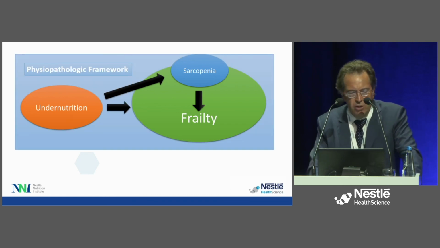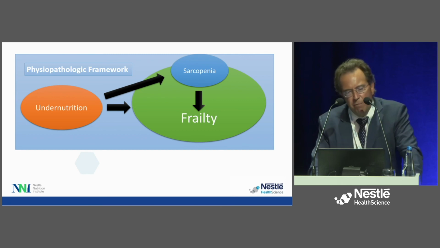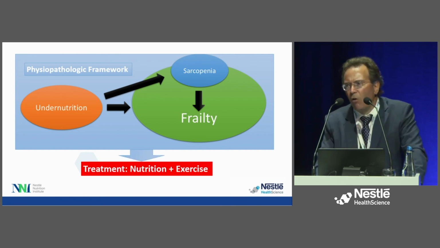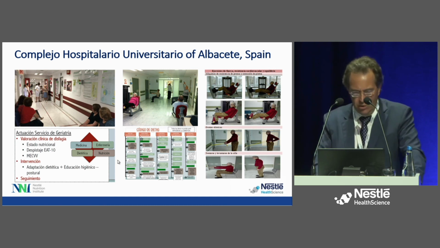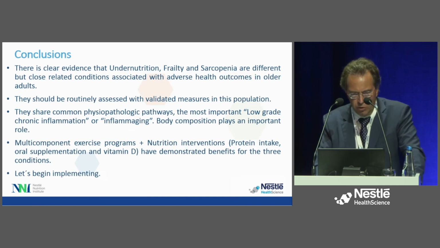All three conditions share some pathophysiologic framework, and all of them can be treated with nutrition and exercise. We do this in Albacete, in Spain. We screen systematically for frailty in our patients, and if they are frail, we screen for sarcopenia, and we do exercise interventions and also some nutritional interventions. And the results are very good.